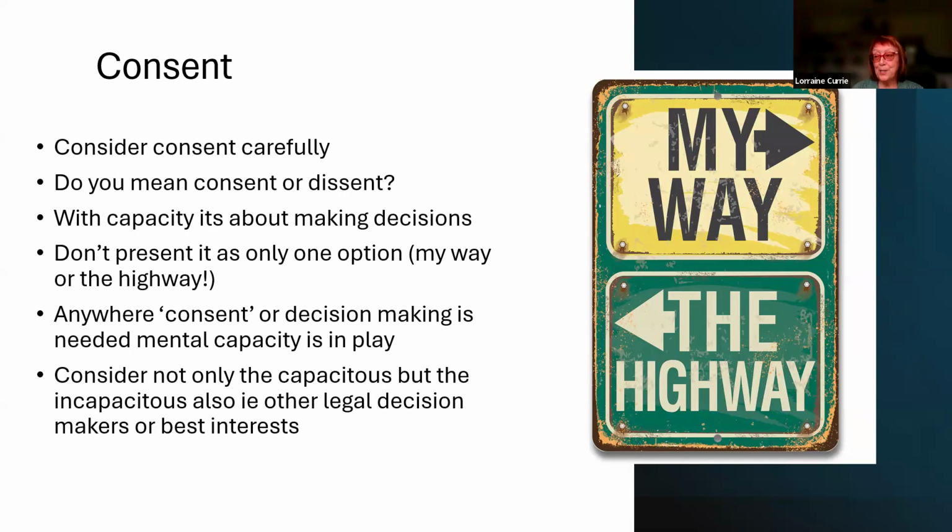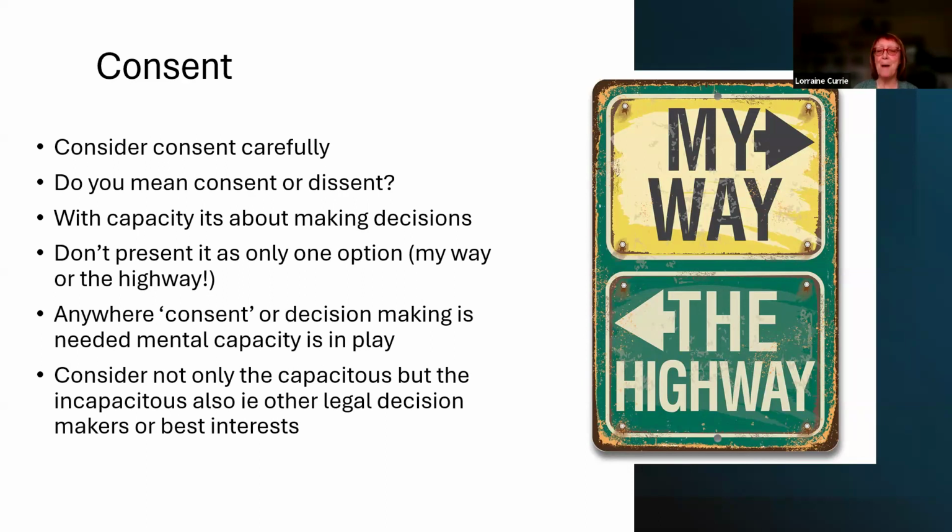So I would suggest not presenting it as only one option, but by the same token, I would say if you do a sort of find, you press those buttons and you can find a word. If you do that with a policy to search for the word consent, anywhere that comes up, that's immediately the place where you need to start thinking about mental capacity.